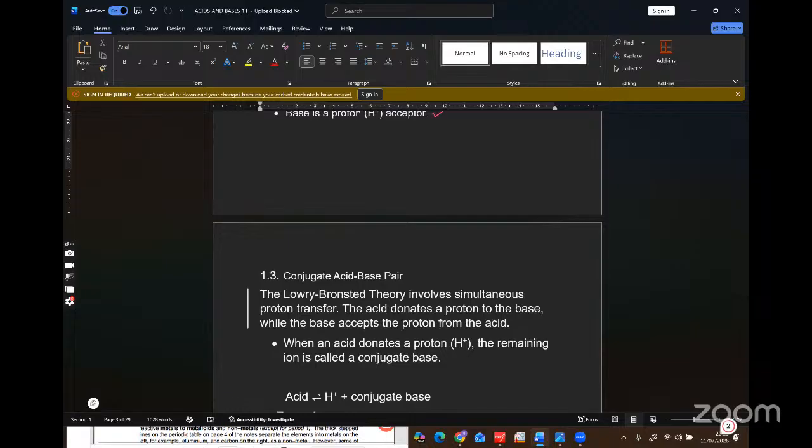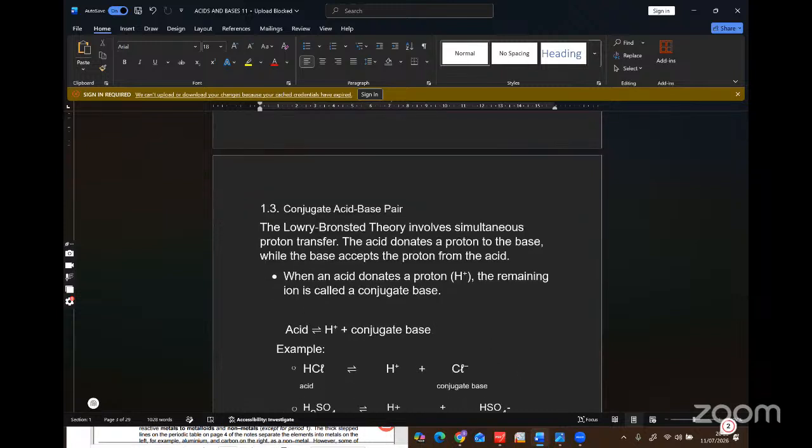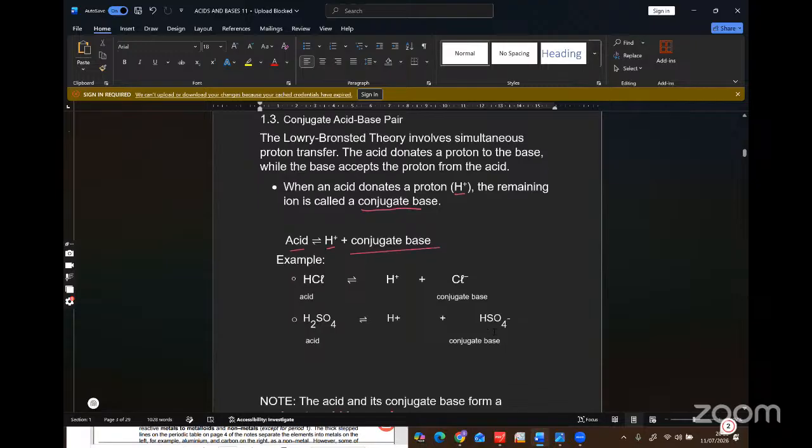So proton donation, proton acceptance. So it says that when an acid donates a proton, the remaining ion is called a conjugate base. So you have an acid, it gives out a proton, and whatever you are left with is called a conjugate base. Okay? So look at an example of what this is.